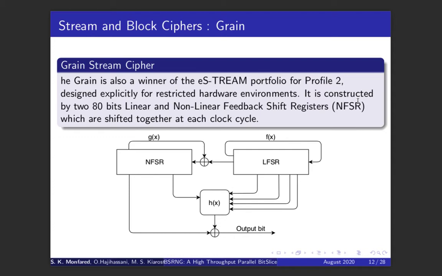Similar to Mickey, it is comprised of a single LFSR and a single NFSR, nonlinear feedback shift register. And we have this function H, which is a controller function that controls the nonlinear feedback registers, and the output bit is generated each clock cycle.